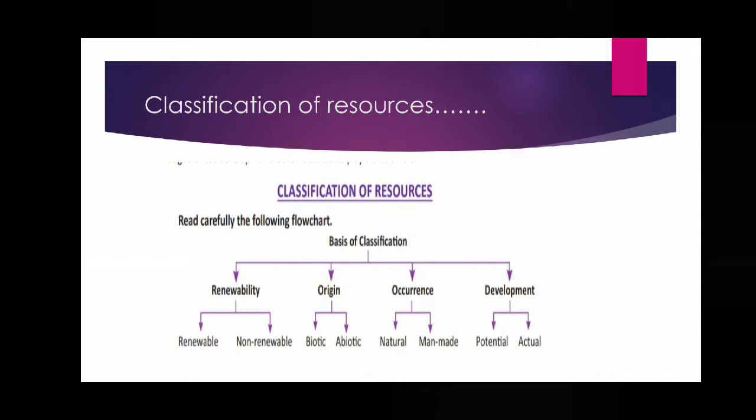Now come to the next, classification of resources. Whenever we are talking about classification of resources, we have to find out at first the base. That means on the basis of which thing you have classified.